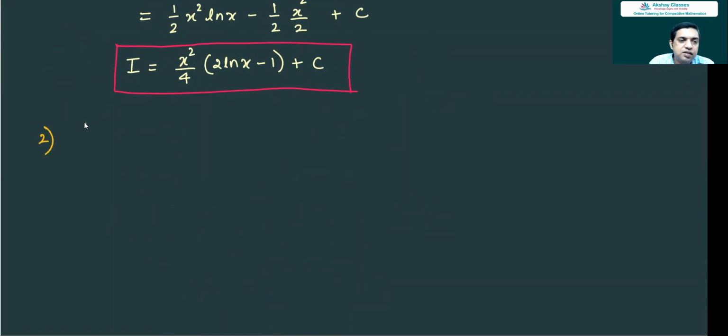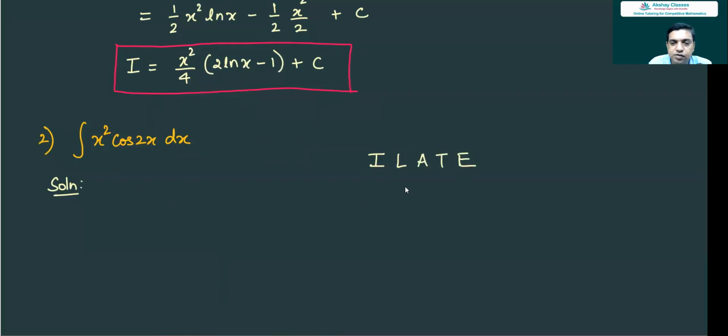Let's do this. Integral x square times cos 2x. Now please tell me which one will be the first function and which one will be the second function. So x square will be the first one. Very good.